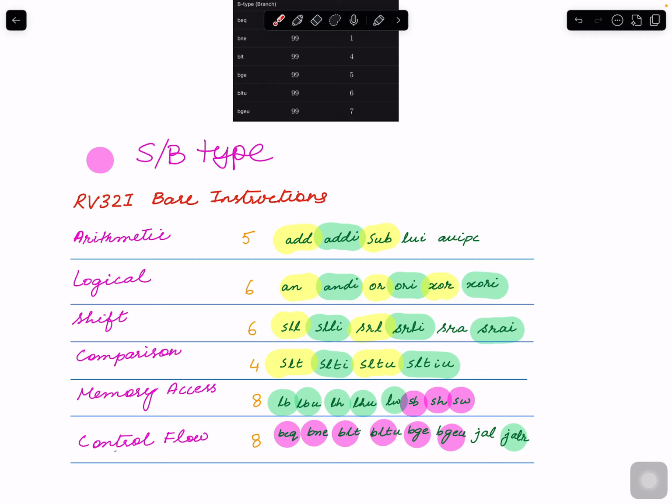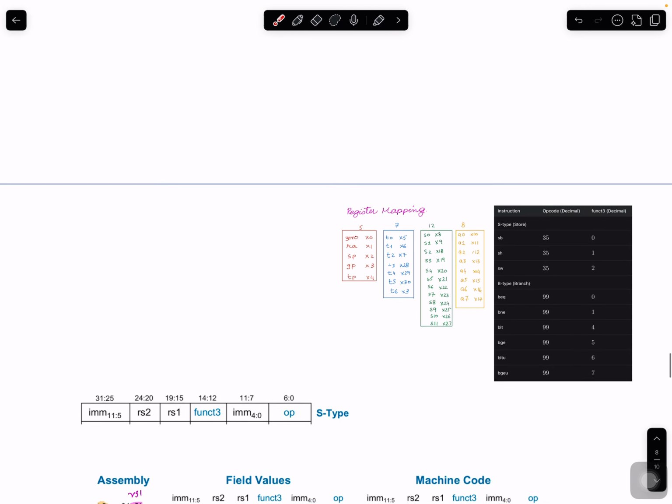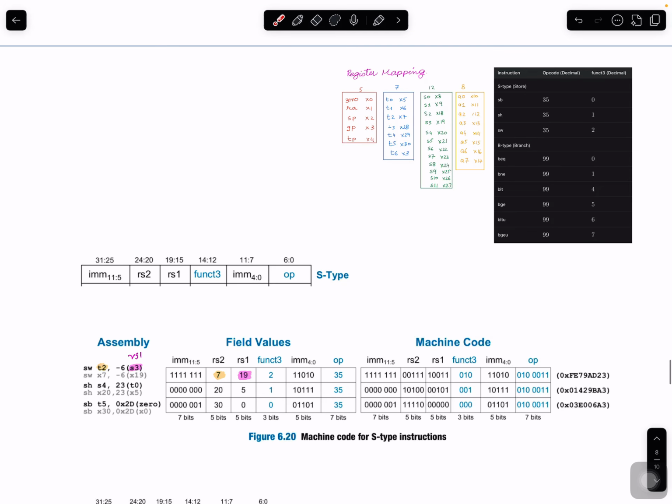You remember these yellow ones were R type, these are I type, and these pink ones will be the SB type. And tomorrow we'll do some more coloring. Make sense?